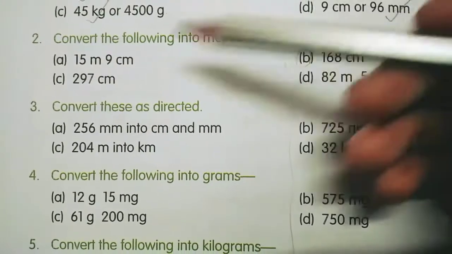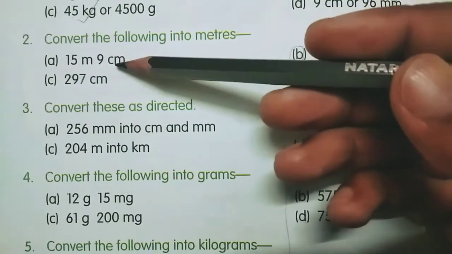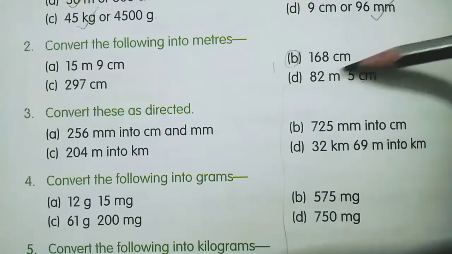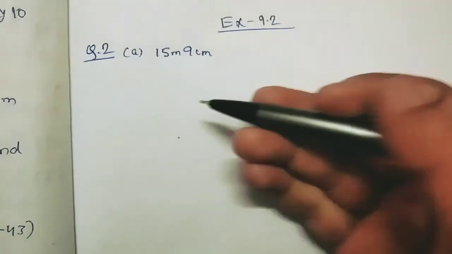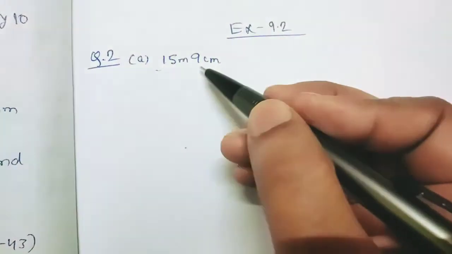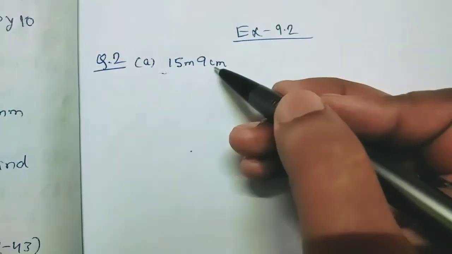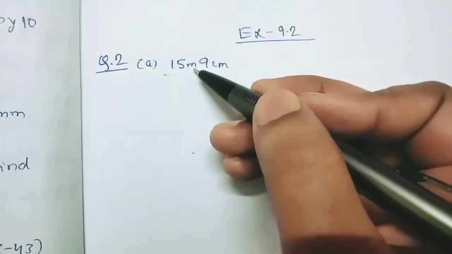Now question number 2, convert the following into meters. So you have to convert this question, centimeter given, you have to convert in meter. Okay, let's see. So here you can see 15 meter and 9 centimeter. So the question is convert this in meter. So you can see 15 meter is already in meter.